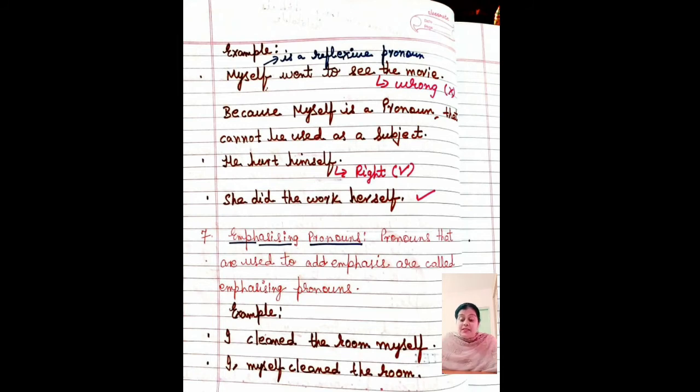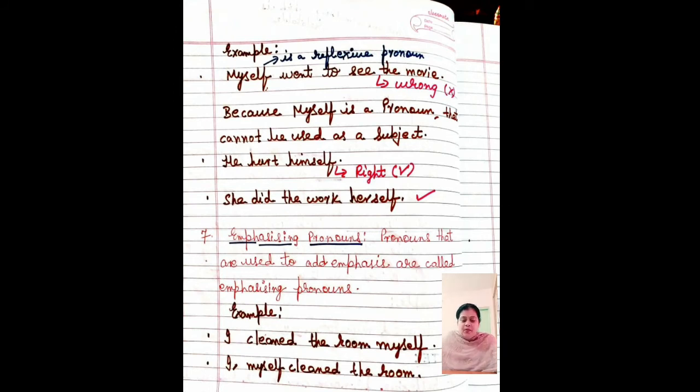Because myself is a pronoun that cannot be used as a subject. Subject पहले आता है and next comes object. That much you know, na? Subject, verb, object. So the subject comes first and the object comes second, later. I cannot use this reflexive pronoun at the starting.